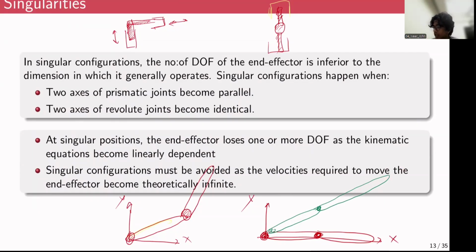That is also a singular configuration. So similarly, for a 2R robot, any fully extended or fully folded, maybe if this is the first joint, the second joint can be fully folded like this. As long as the two joints are lying along a straight line, such configurations are all singular configurations.